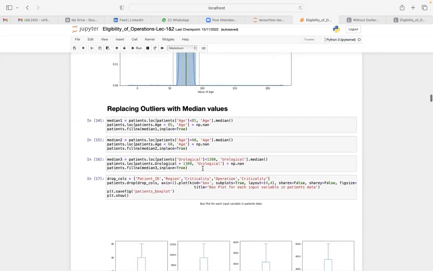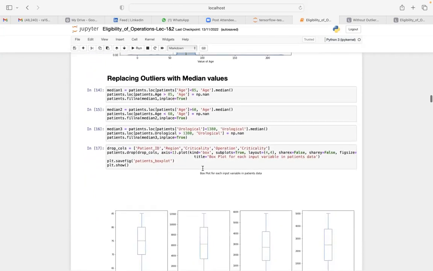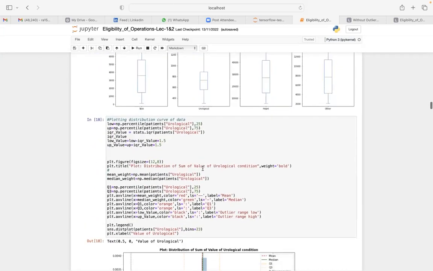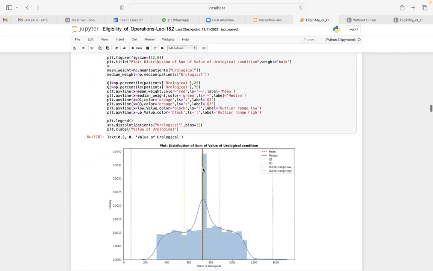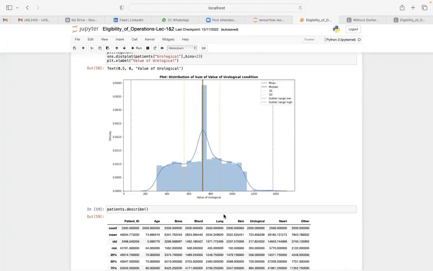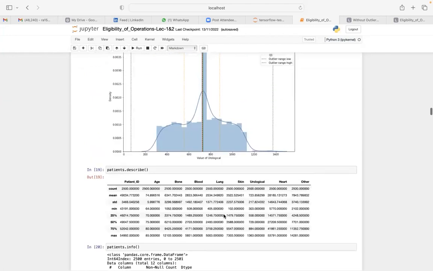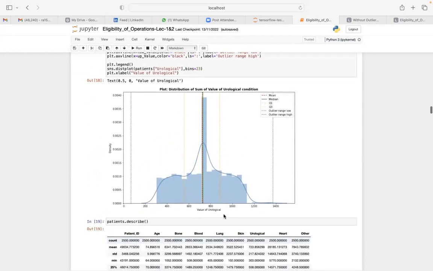Then we replaced those outliers based on the median value. Okay. I also asked you to try another method, as Rupesh was discussing, and probably you might have done as well. When we replace with median, the variance gets impacted, and that's what is seen in this normal distribution curve.